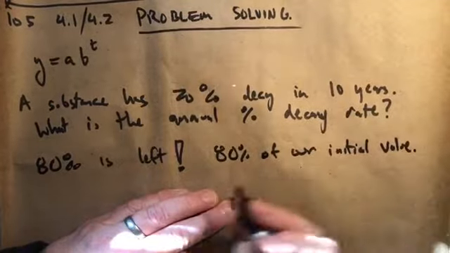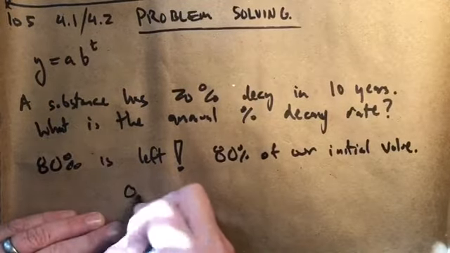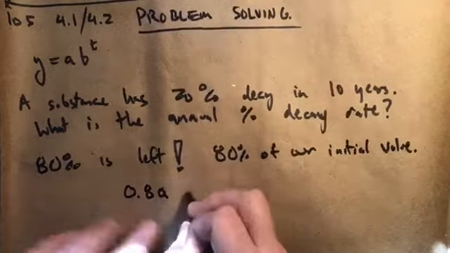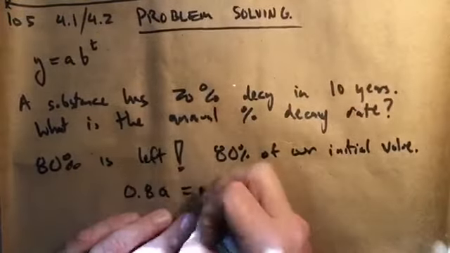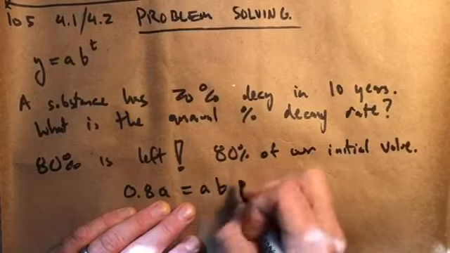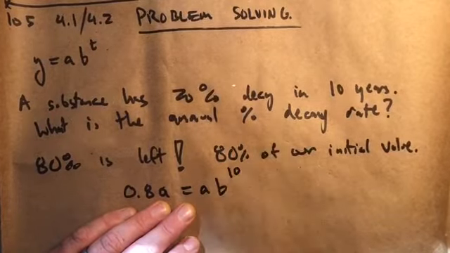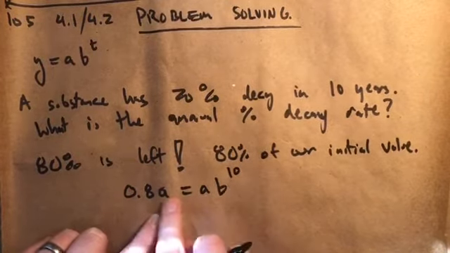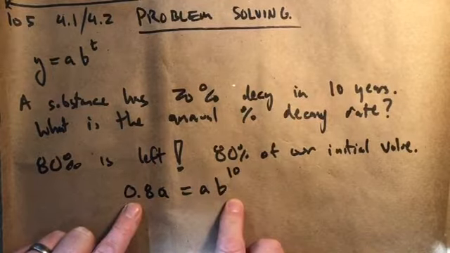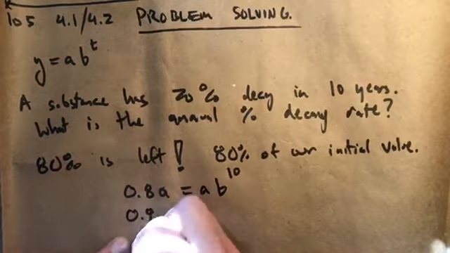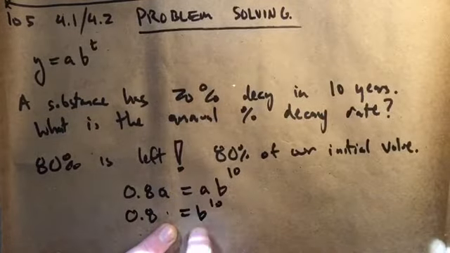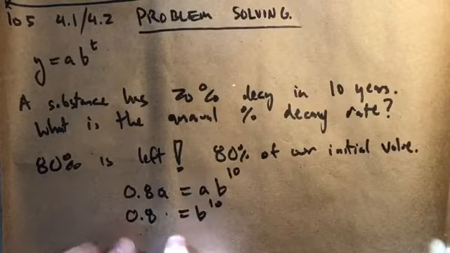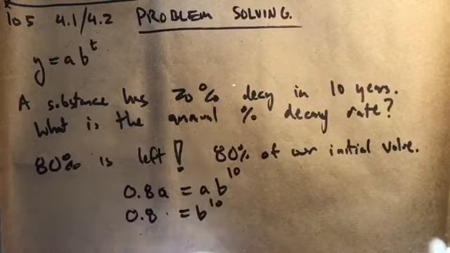So on one side of the equation, we're going to have 0.8a, and we can certainly say that's equal to ab to the 10. The first thing we'll do is divide by a on both sides. And then to take the 10th root, I'm going to raise both sides to the 1/10 power.